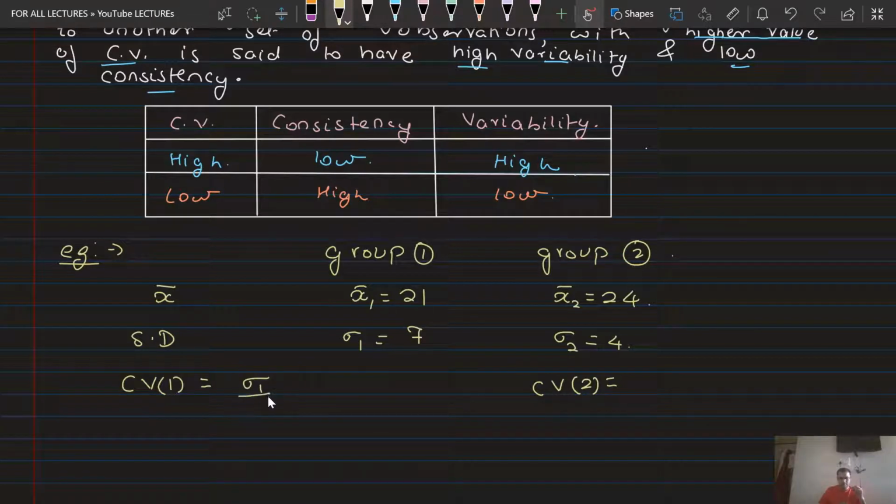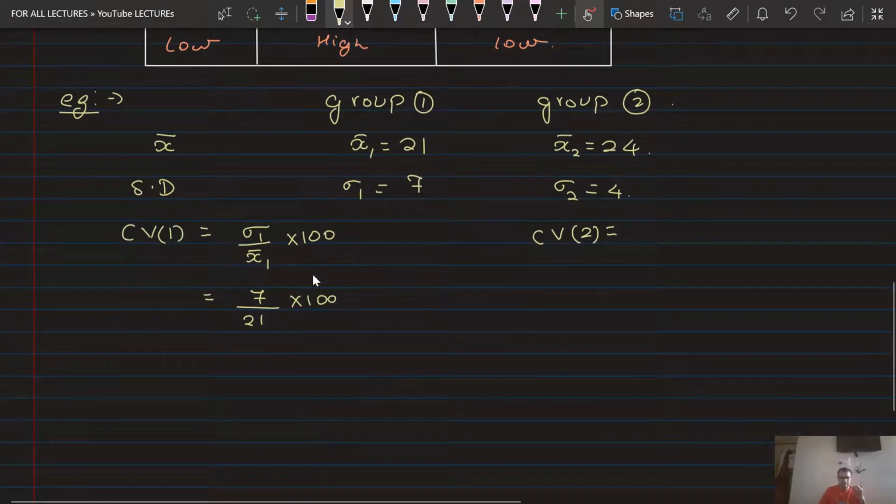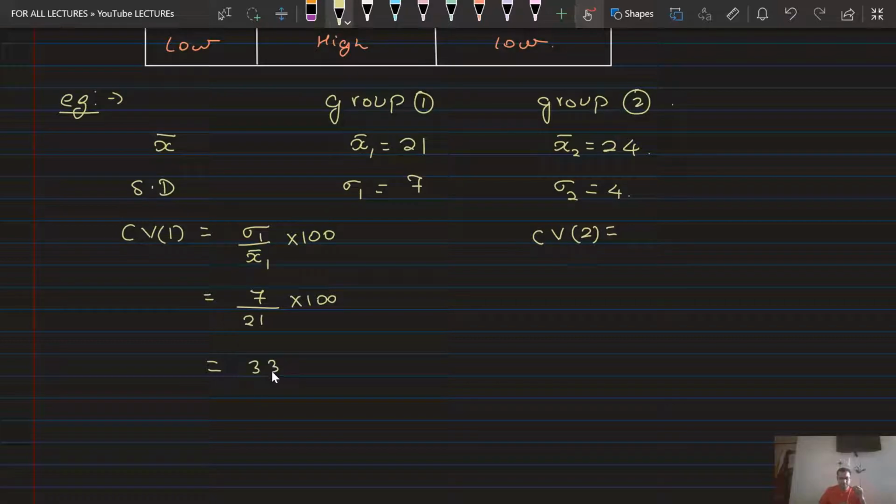This will become sigma 1 upon x bar 1 into 100. So what is sigma 1? It is 7. What is x bar 1? It is 21, multiplied by 100. So when you calculate this, the answer will come out to be probably 33.3%.